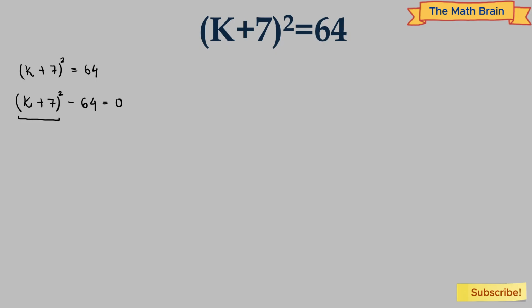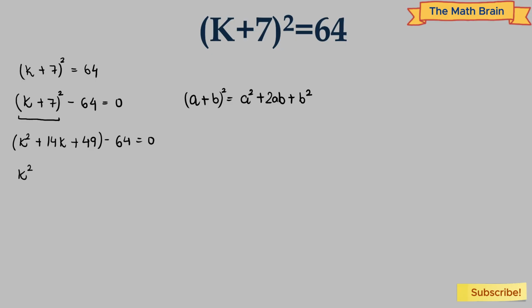Here, if we use (a + b)² = a² + 2ab + b², then our left hand side will be k² + 14k + 49 − 64 = 0.